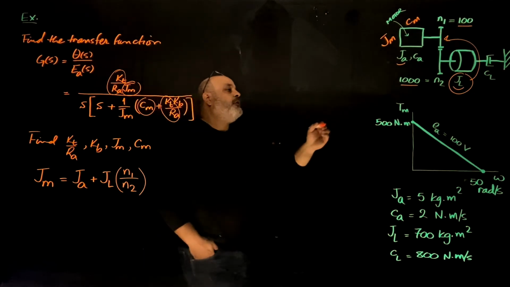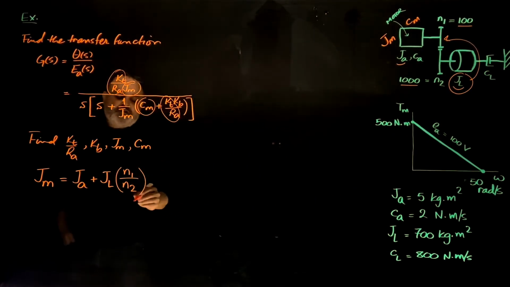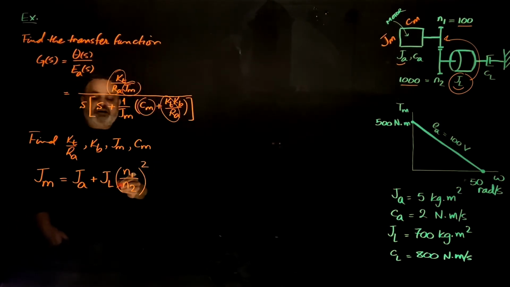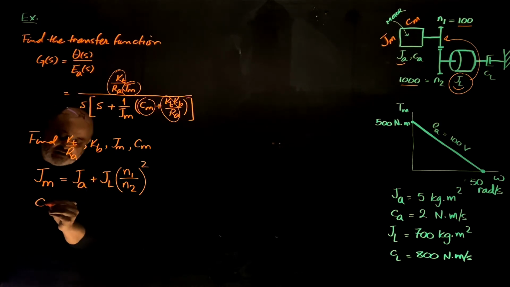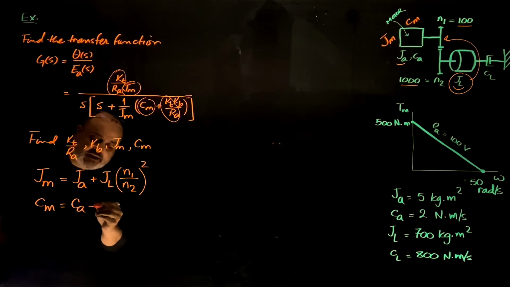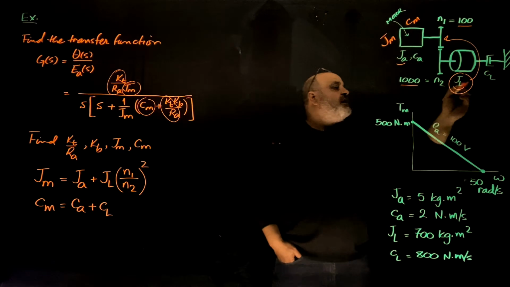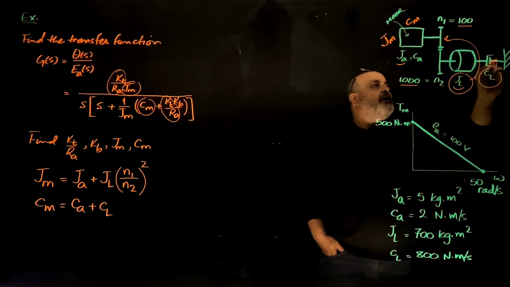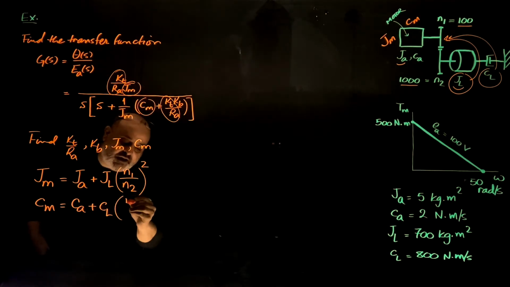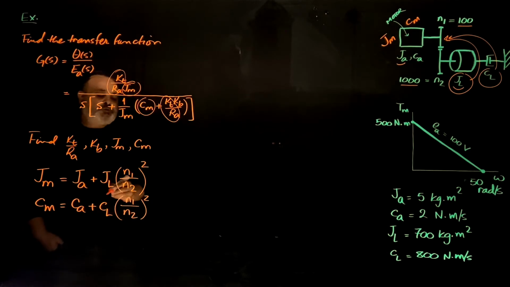I'm going to move from N2 to N1, so the target is N1, source is N2, all squared. And the same goes for the damping. Cm, the damping at the motor, is Ca plus the damping from the load, Cl, transferred from N2 to N1, so the target axis is N1 over N2, all squared.